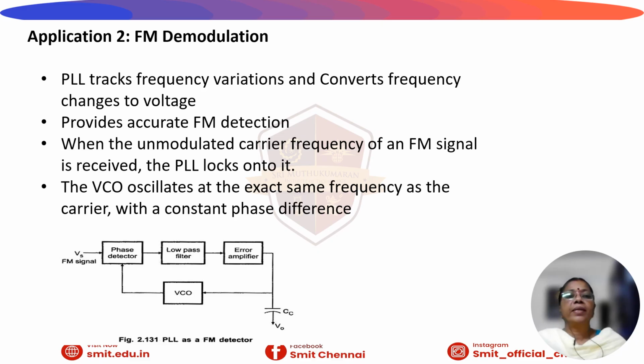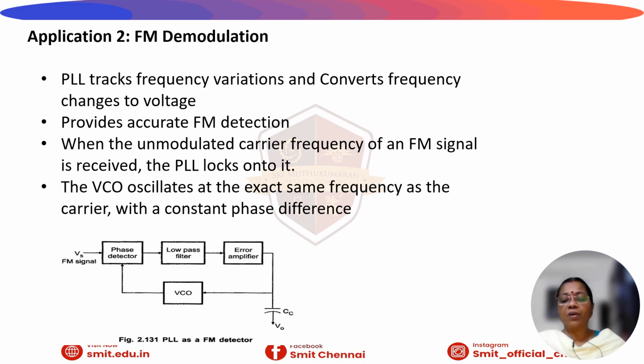The next application is FM demodulation, which is frequency modulation detection. Here, the principle used is that the PLL tracks frequency variation and converts the frequency changes to voltage. It provides accurate FM detection.